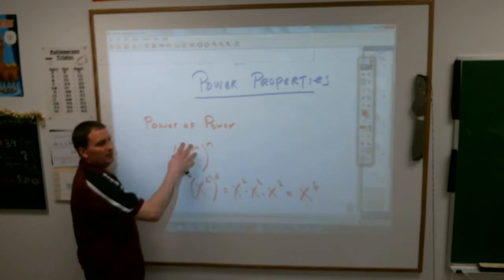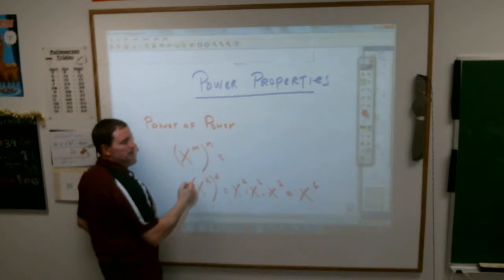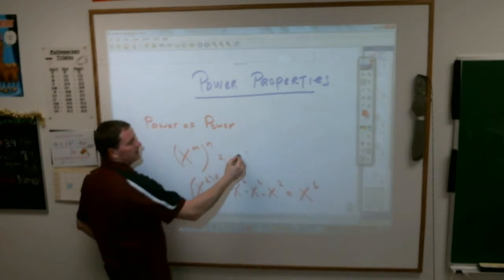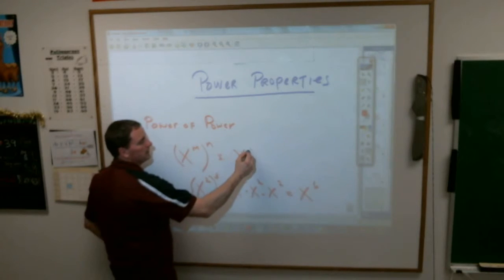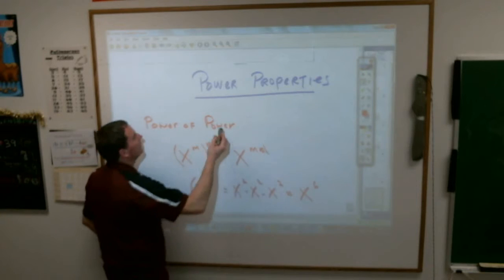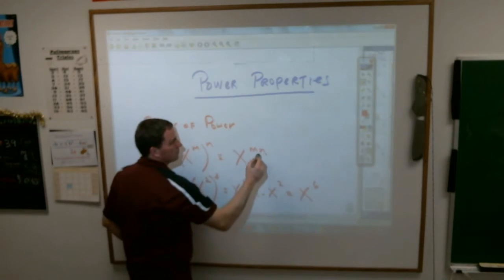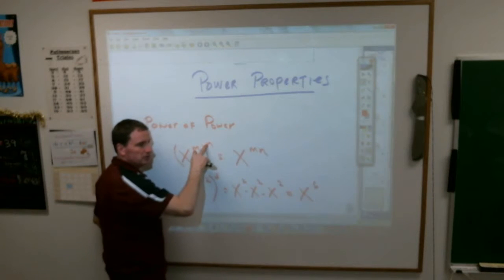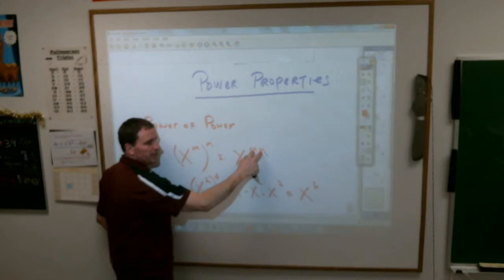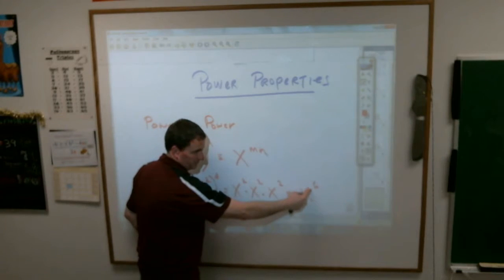So if you have any number here, x to the m to the nth power equals the same thing as x to the mn power, which means when you have 2 powers, you end up just multiplying the 2 powers together. 2 times 3 gave you the 6.